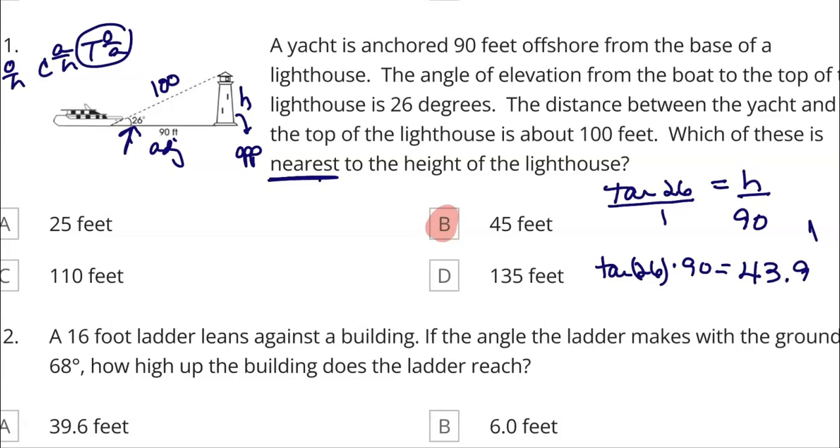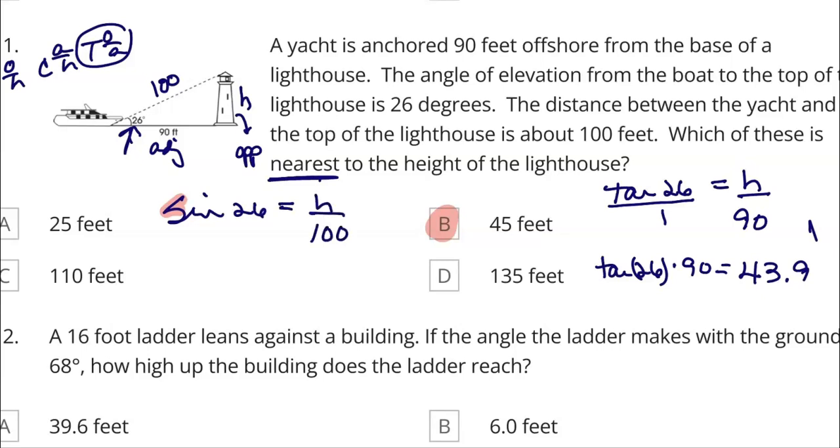Okay, now you could have done this by doing other ratios. You could have used sine. So let's see what happens if we did that. What if we use sine? We would have said the sine of 26 equals H over 100.